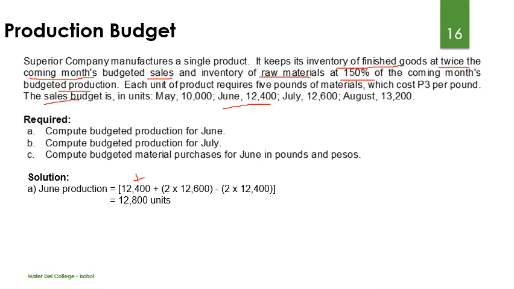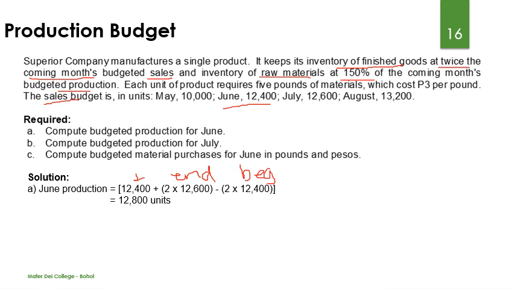So the same with the previous problem that we solved, so we will need the end. Okay, and then we will deduct the beginning. So let's go back again to the solution.